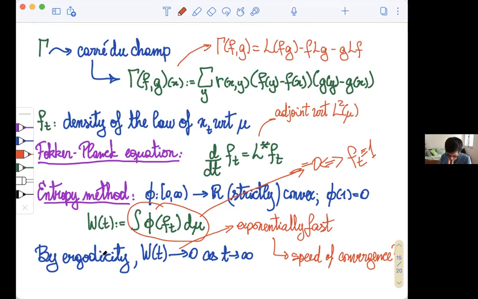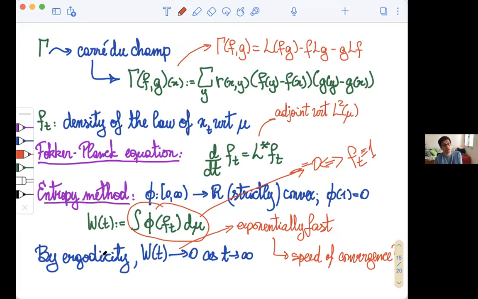Since we are looking at an irreducible finite state Markov chain, we know that everything converges to mu exponentially fast, because this is just finite state. In particular, we know that W of t goes to 0 exponentially fast.